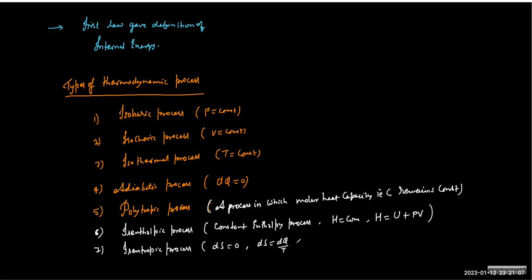So if dS is 0, what does it imply? dq must be 0. dS is only 0 when dq is 0, isn't it? Yes, sir. So basically, an isentropic process is another name for an adiabatic process.